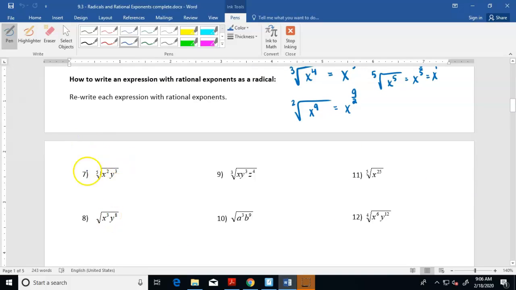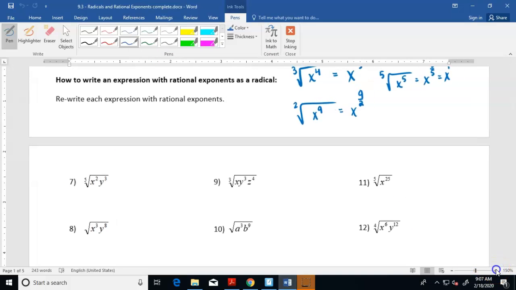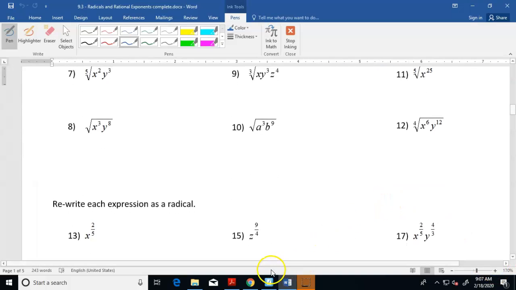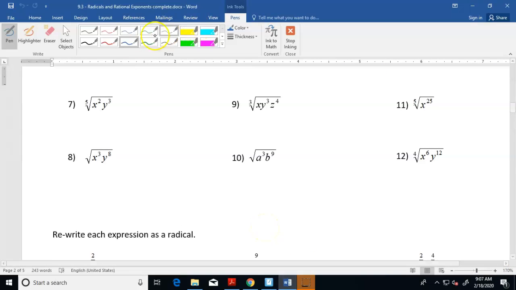So let's look at number 7 right here. So we've got the fifth root of x squared y to the third.